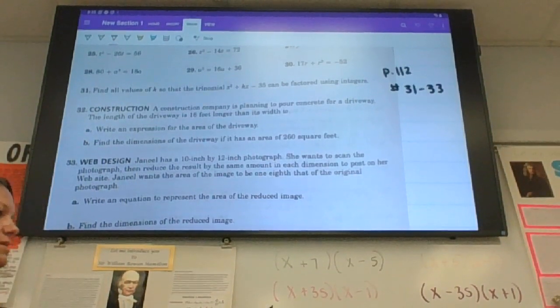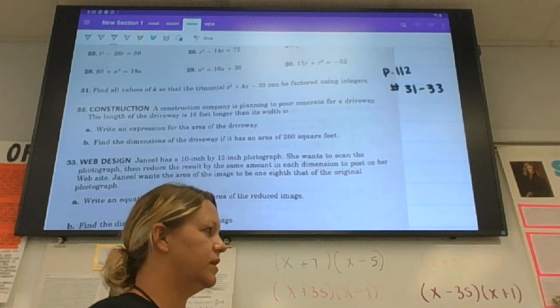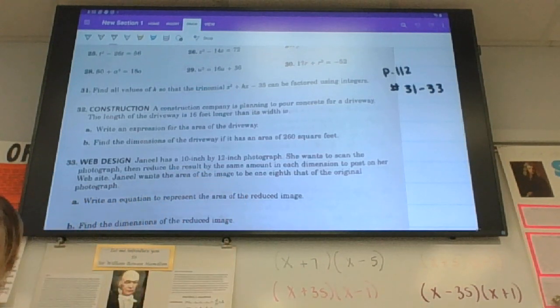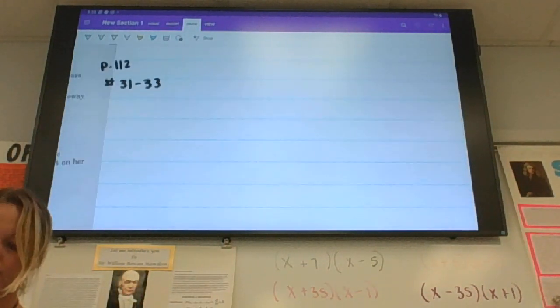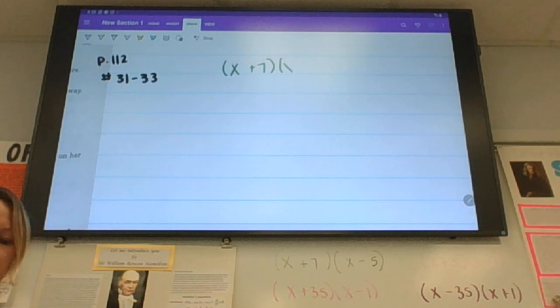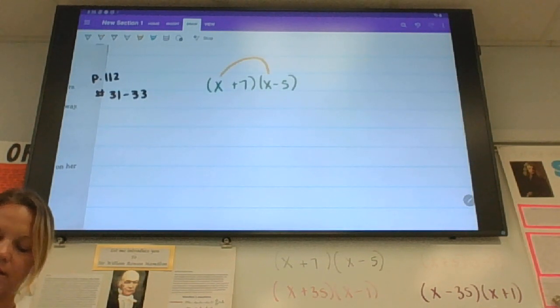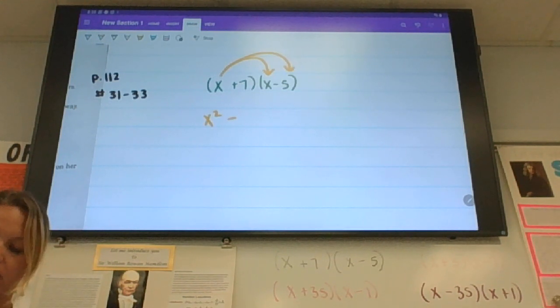Now I can already see it's going to be 2, 34, -2, and -34. Let's try it. Go ahead and FOIL it to find k. Oh, we FOIL. That's what we do.